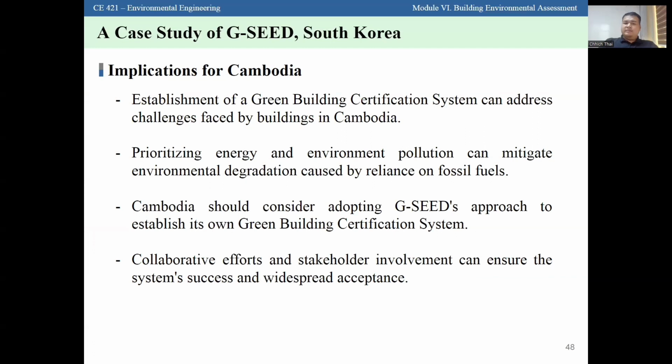By establishing this system, Cambodia can address the challenges mentioned above in the building sector, and by prioritizing energy and environmental pollution, it can mitigate environmental degradation caused by reliance on fossil fuels. Cambodia should consider adopting the GC approach to establish its own system, with collaborative effort from stakeholders involved to ensure the system's success and widespread acceptance in Cambodia.